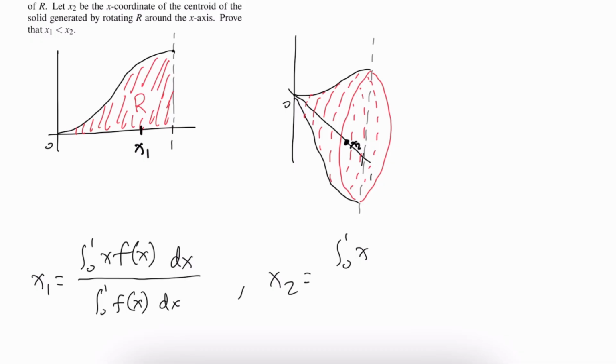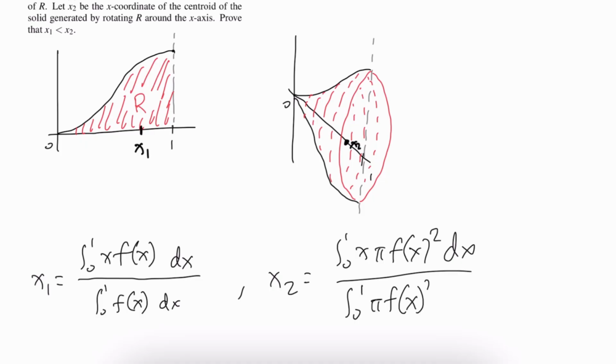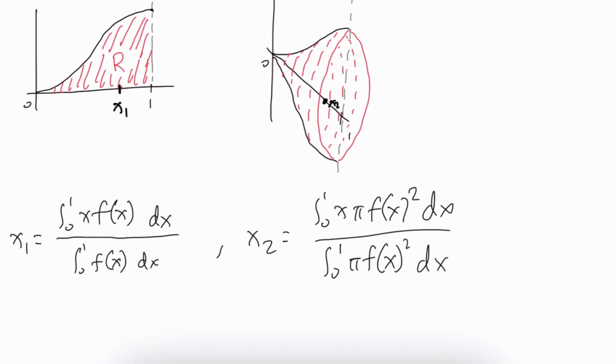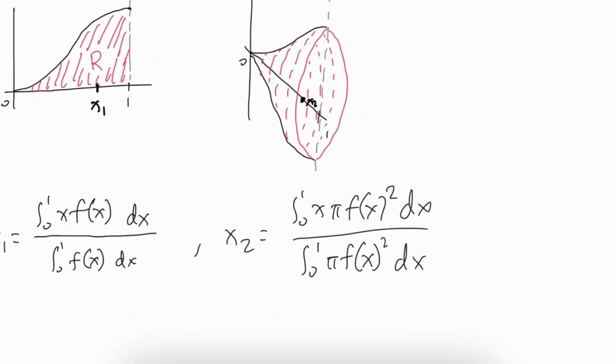That circular disk will have a radius of f of x, so our weight will be pi f of x squared, all over the total volume this time. For each x, we sum over each circular plate, pi times f of x squared. And so we can immediately cancel out the pi's.